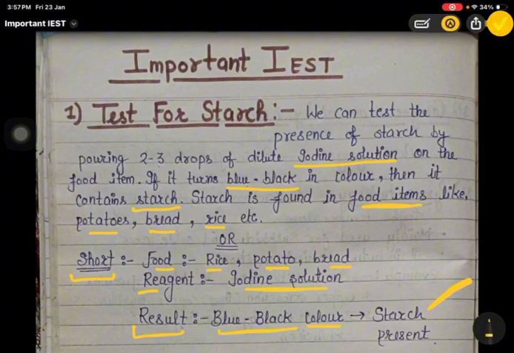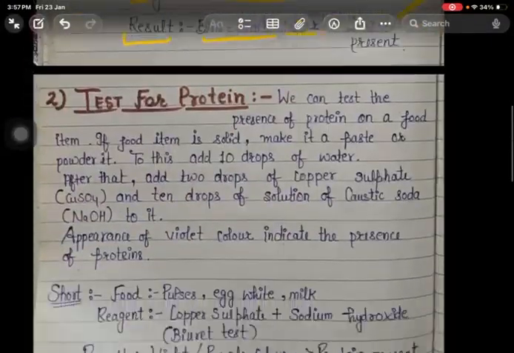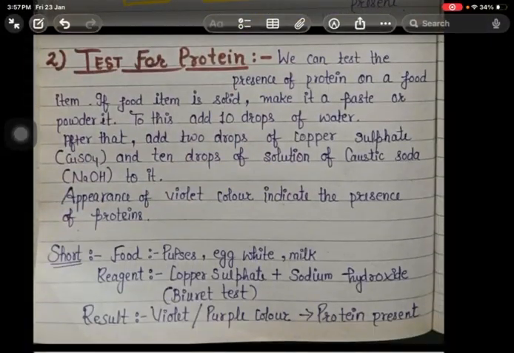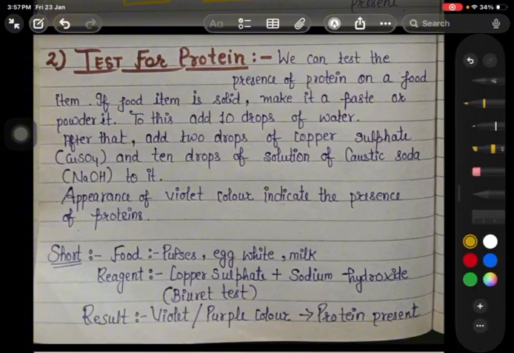The next one is the test for protein. We can test the presence of protein in a food item. If the food item is solid, you make it a paste or powder form, and to this add 10 drops of water.